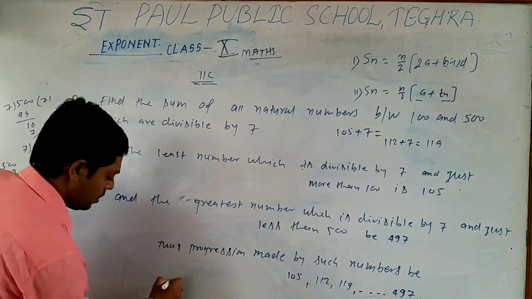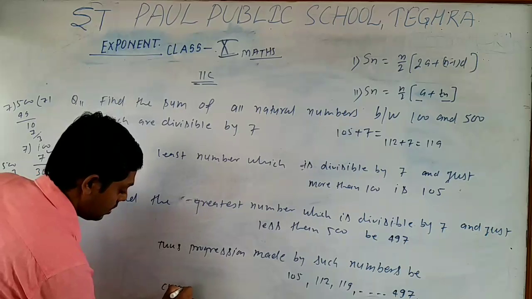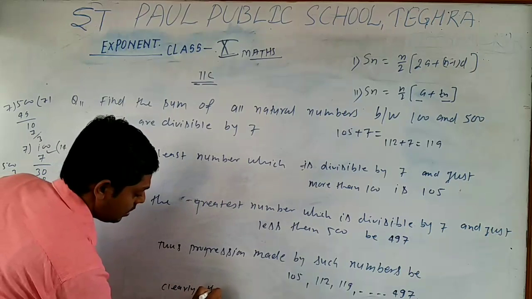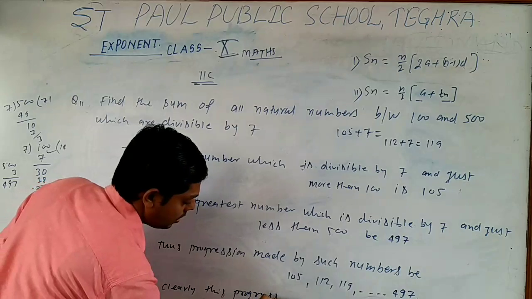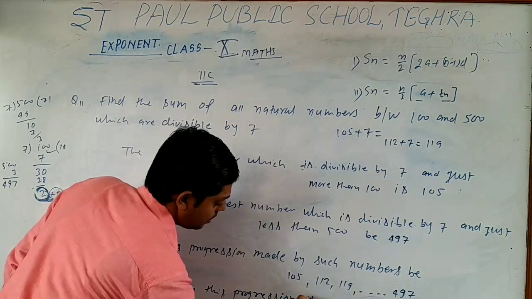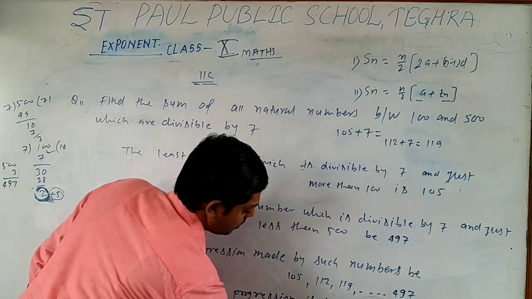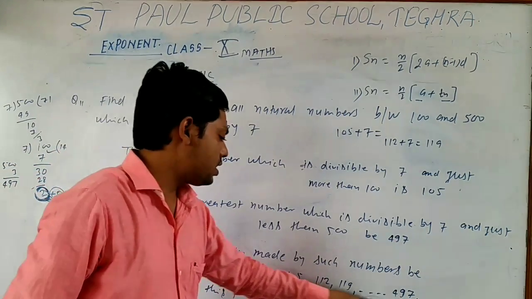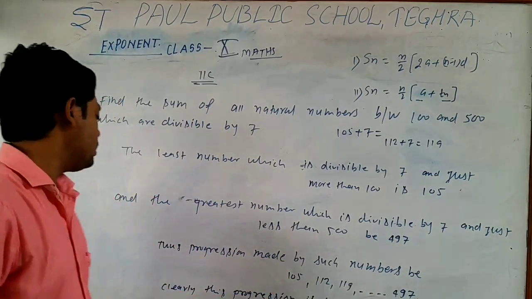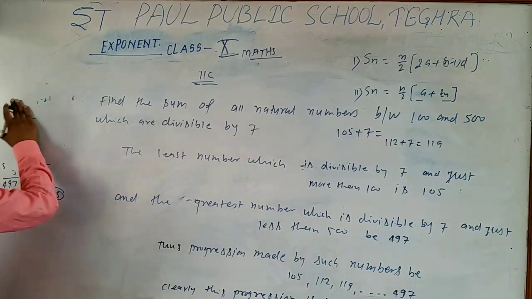We see clearly that this progression is an AP since the common difference between each term is 7 and the first term is 105.